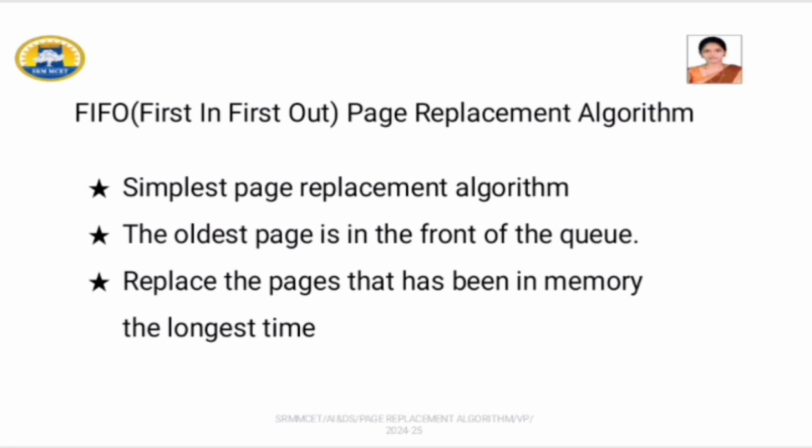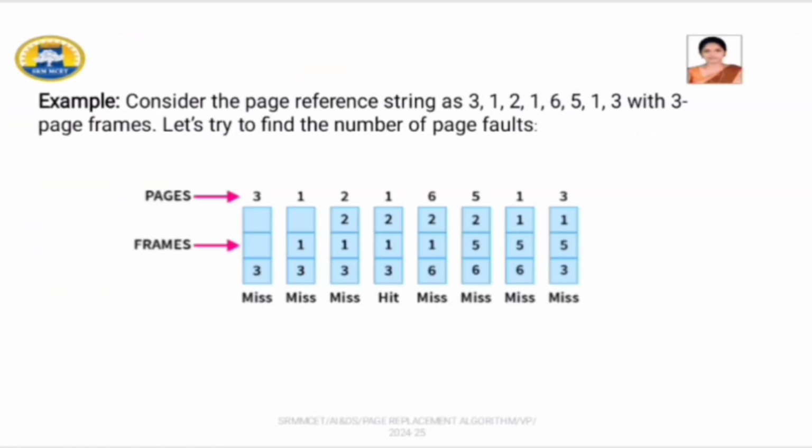Let us consider an example. I am taking the reference string 3 1 2 1 6 5 1 3 with 3 page frames. Here the page frames specify the main memory frames numbered 1, 2, 3. Let us try to find the number of page faults.